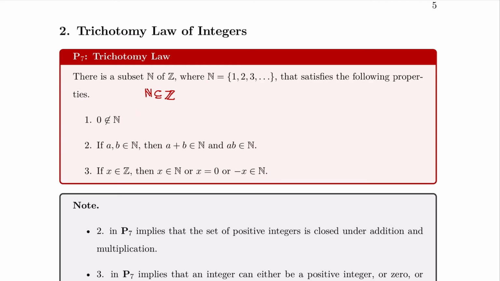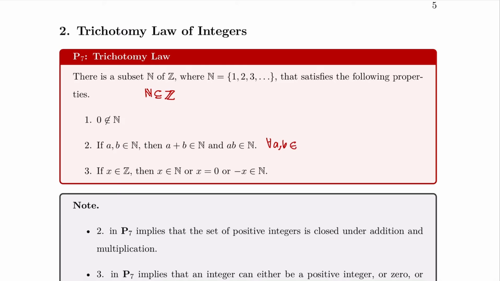Number one is that 0 is not contained in the set of natural numbers. Number two, if you pick two elements from the set of natural numbers, a plus b is in the set of natural numbers, and a times b is in the set of natural numbers.